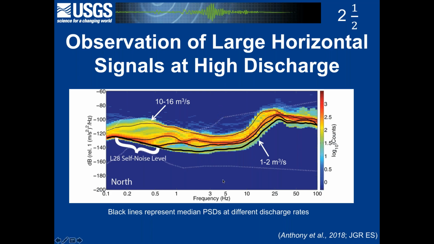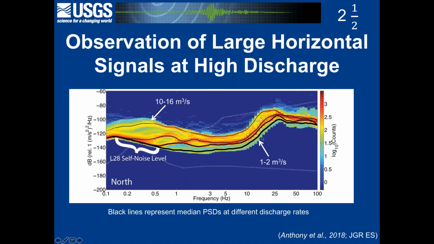Okay, so plotted on top of this, I'm showing median power spectral densities for different levels of discharge in the river. The thick black line on the bottom is 1 to 2 meters cubed per second, and the thin line on the top is 10 to 16 meters cubed per second. So this is peak snowmelt runoff, and this is background conditions.